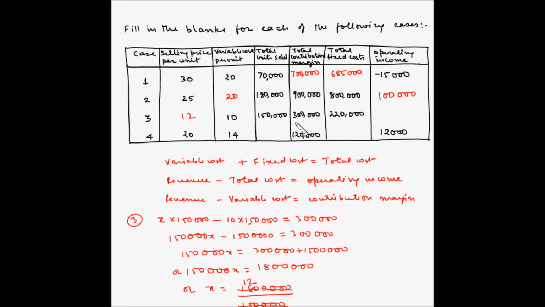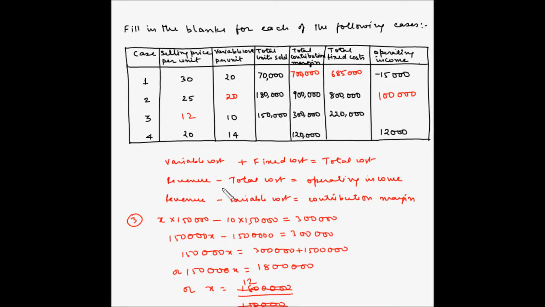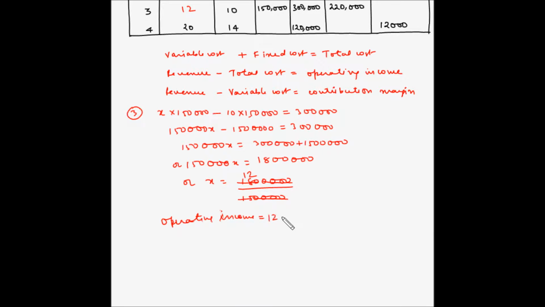Now next we have to find out the operating income. Operating income is revenue minus the total cost. So we know the revenue, we know the variable cost, we know the fixed cost. So let's find out the operating income. So operating income is equal to, so revenue, which is 12 multiplied by 150,000, minus the total cost.